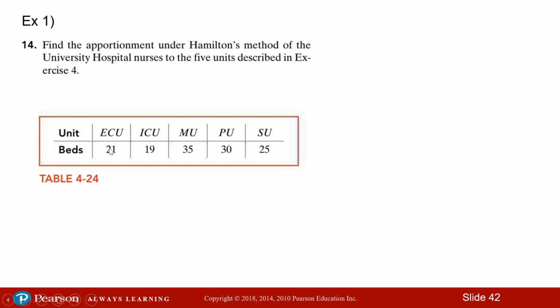So we're going to add all these up real quick here. If you have a calculator, 21 plus 19 plus 35, 30, and 25.